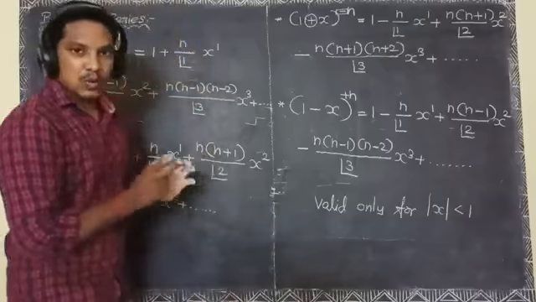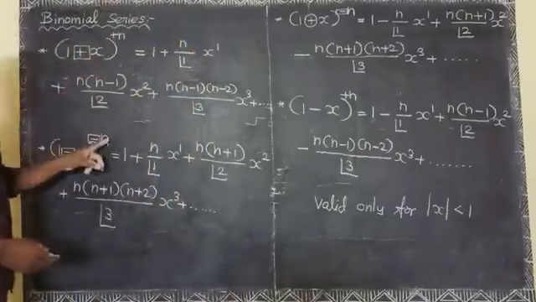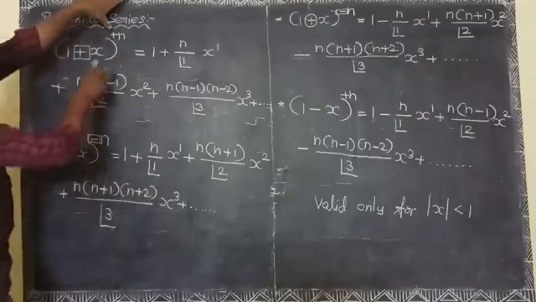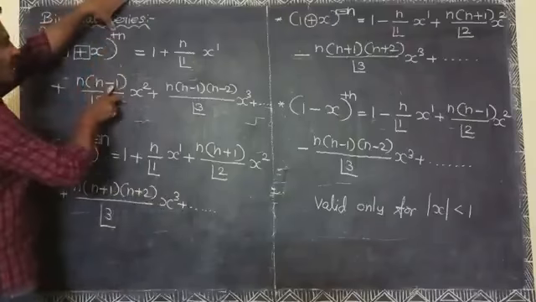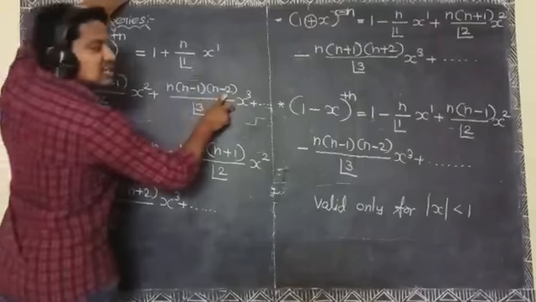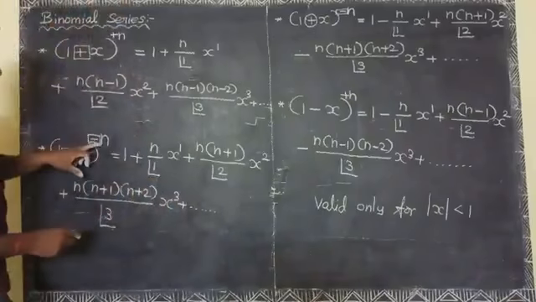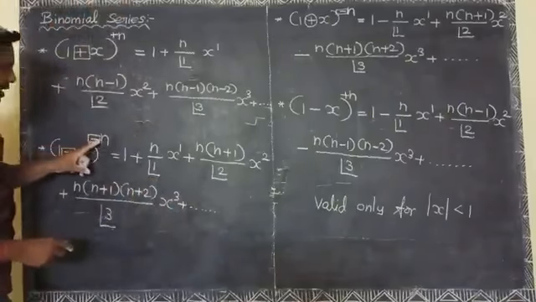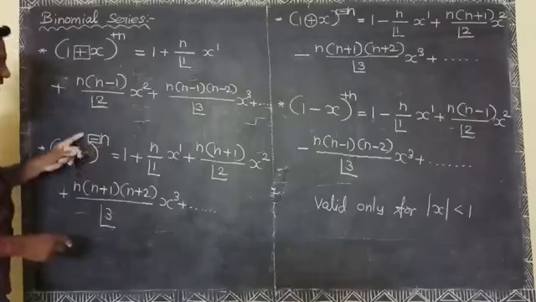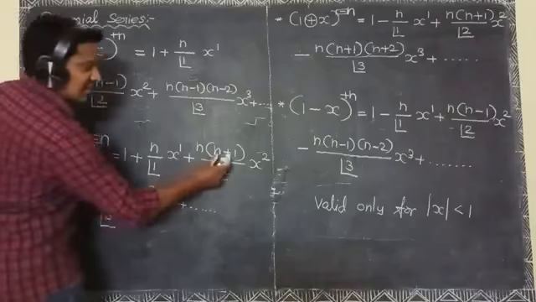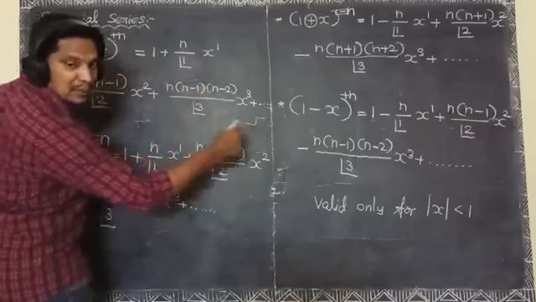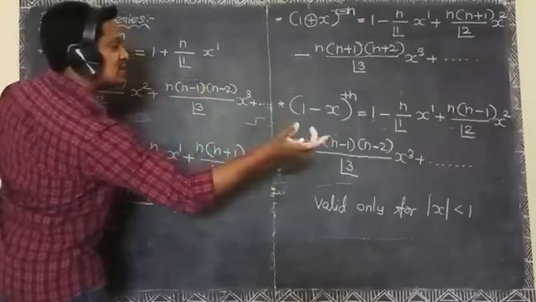Now go to comparing the power n. Power minus n, with a negative sign, means the factors are plus 1, n plus 2, n plus 3, n plus 4, and so on.